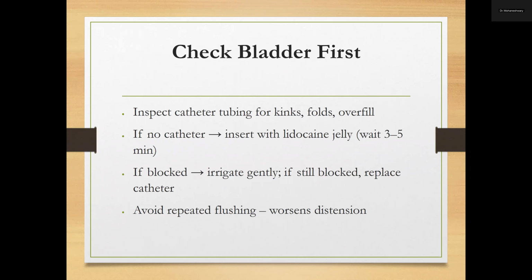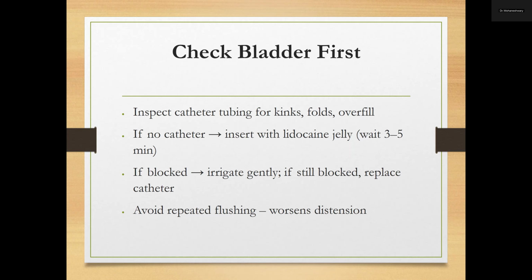Firstly, for the bladder, as I mentioned earlier, look at the catheter tubing for kinks, folds, or overfilling. If the patient comes in with no catheter, we need to insert one, but not like the usual procedure. Importantly, we need to use 2% lidocaine or lignocaine, whatever is available in your setting. Introduce it at the urethra, wait 3 to 5 minutes first, and then introduce the Foley's catheter.